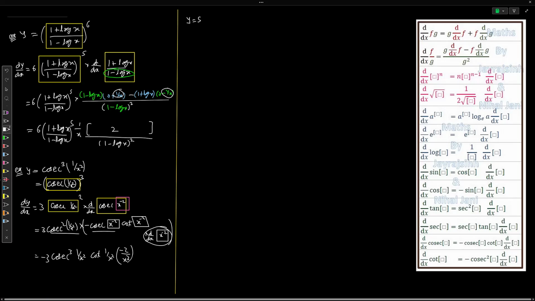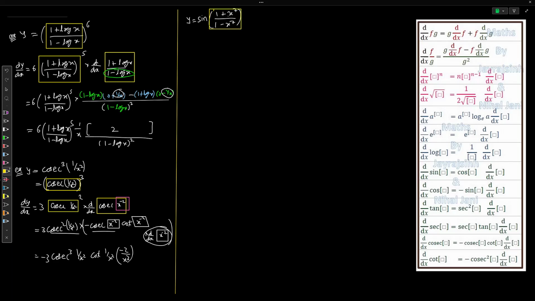Y is equal to sine of 1 plus x raised to 7 upon 1 minus x raised to 7. Tell me, whom do we catch? What is your outer function? Sine. So the rest of the functions will be inner, so we don't have to worry about it, right?